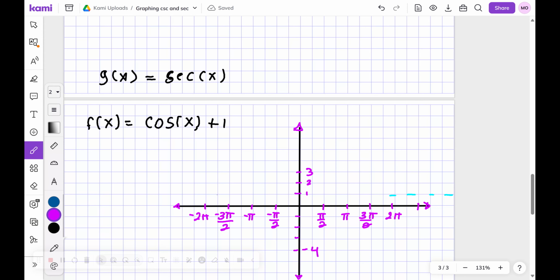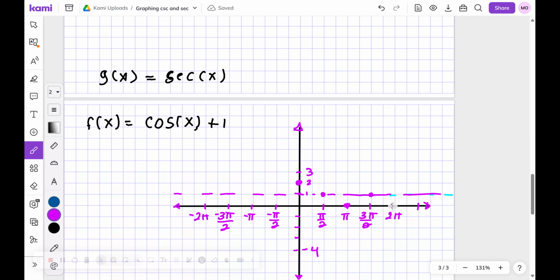So cosine of 0 is 1. If you shift it, it will be here, because your midline will be this one. Cosine of 90 is 0, but if you shift it, it is 1 here. And then cosine of pi is, remember, -1, but if you shift it, it will be your 0.